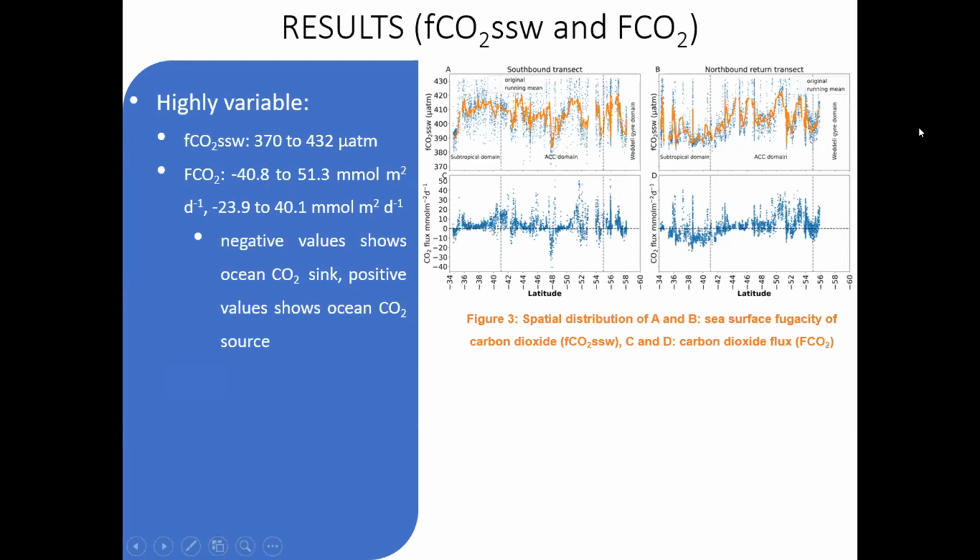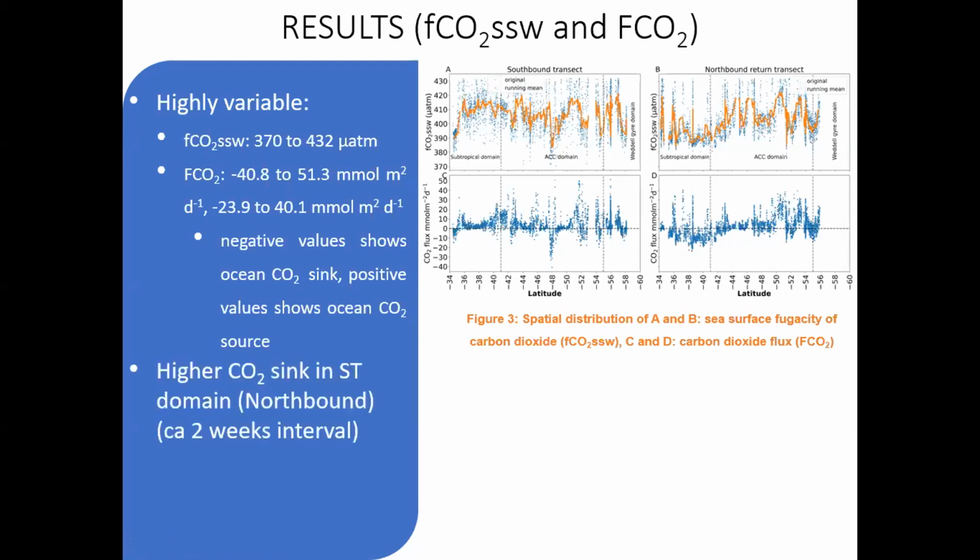One noticeable event here is the more carbon sink that was observed during the northbound transit in the subtropics, where we have just a 2 weeks lag, and we are observing more carbon dioxide absorption into the ocean, that is a carbon dioxide sink in the subtropics. Well, we have some nutrient data also collected, and checking into the nutrient data to see if there's some kind of productivity, we found out that there's no significant difference.